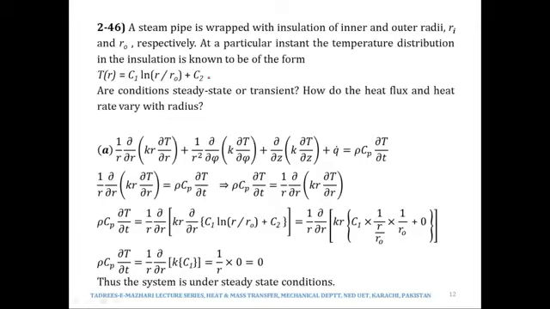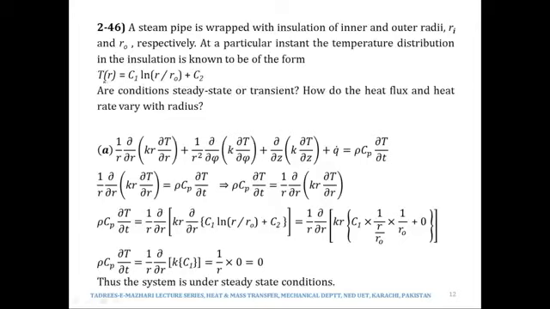So over here we have to find out whether the conditions are steady state or transient, and how the heat flux and heat rate vary with radius. So first we have to find out whether the conditions are steady state or transient, and in order to find out we have to find dT by dt, for which we will be starting with the heat diffusion equation in the cylindrical coordinate system.